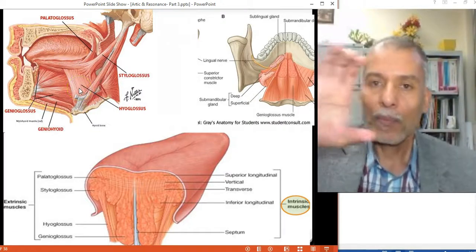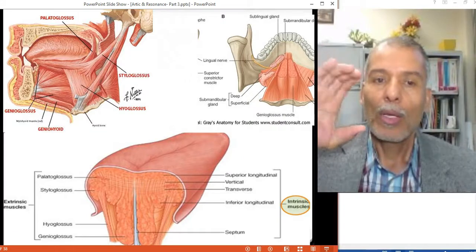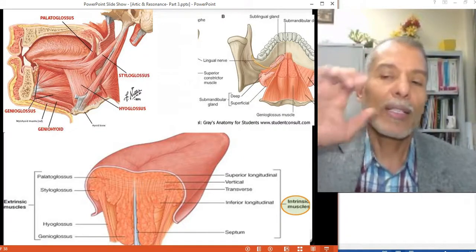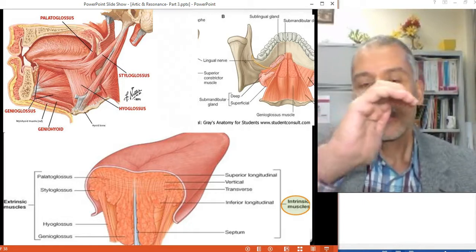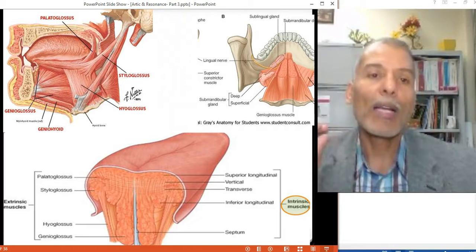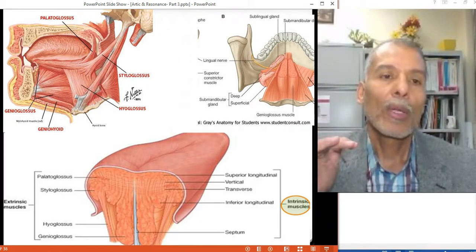Think about the vowels. So when you say ah, the hyoglossus is going to pull the tongue back and down, and that's the lowest back vowel.